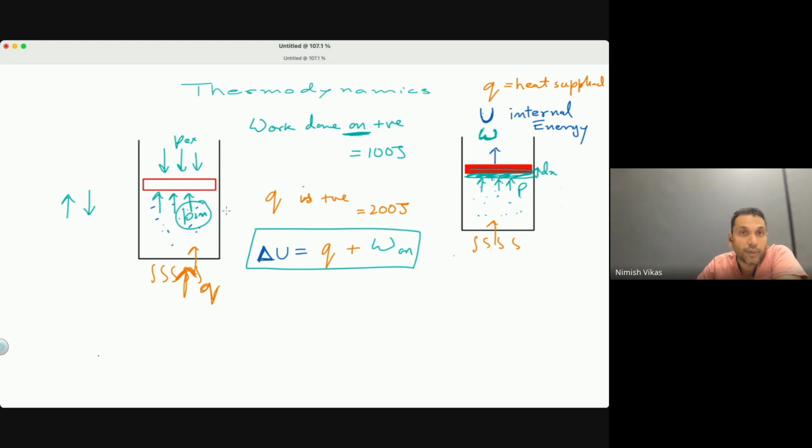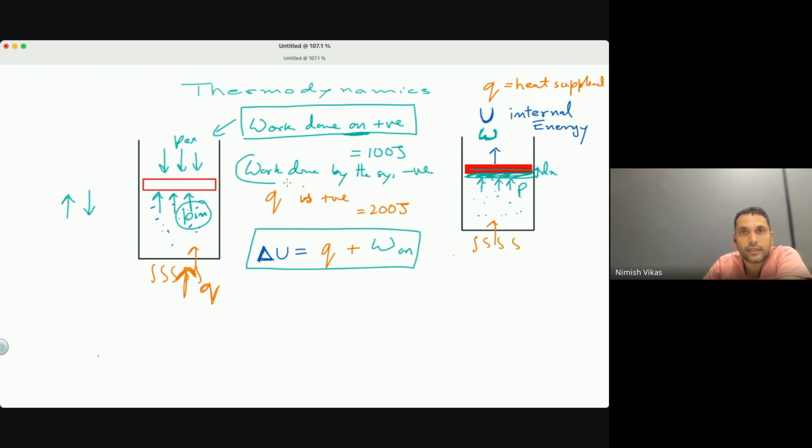So work done by the system is negative. Work done on the system is positive in this case, wherein the volume is reducing, and the work done by the system is negative. Is that clear? So work done by the system is given by minus 100 joules in this case.